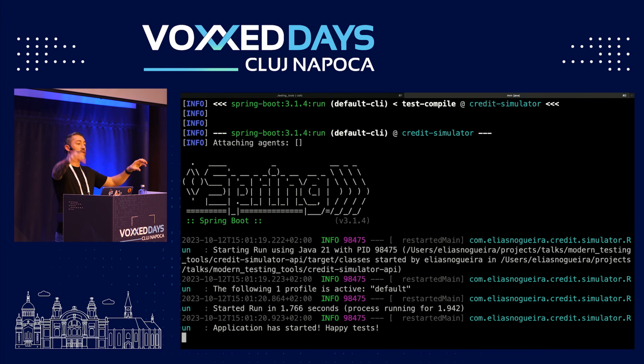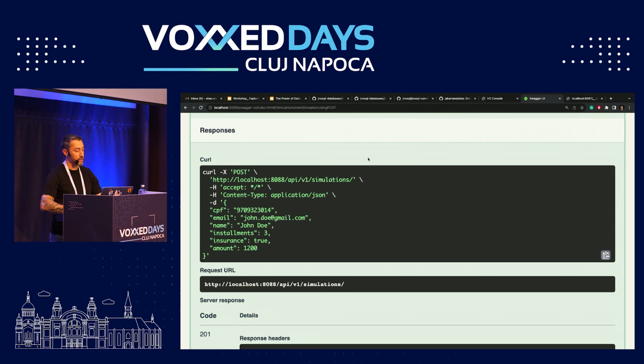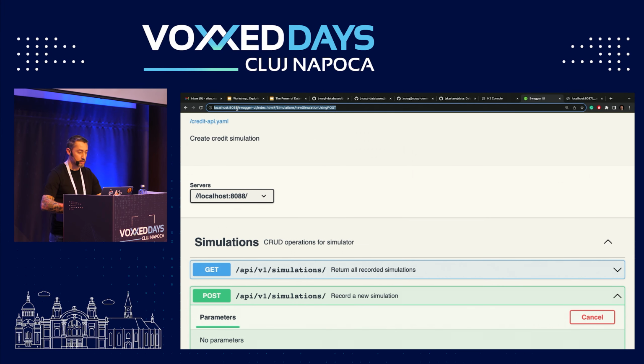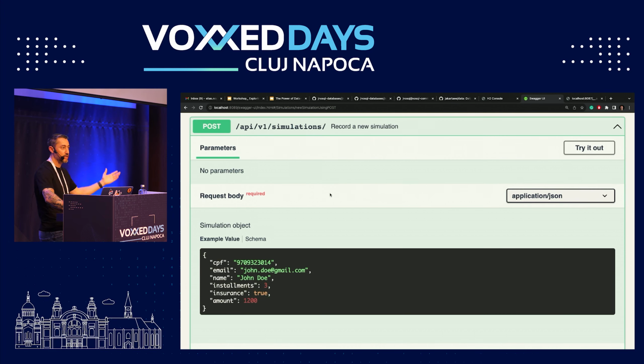Normally, I would create a mock in my service in order to run all the tests. But remember, all the teams probably need the same thing, and we are trying to solve it through service virtualization. If I access the OpenAPI spec through the front end, the port is different, but I have basically the same API, just running in a different project.